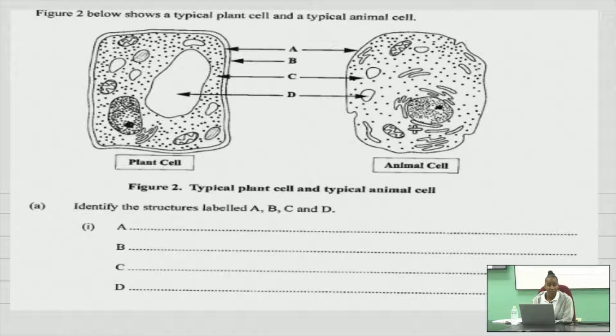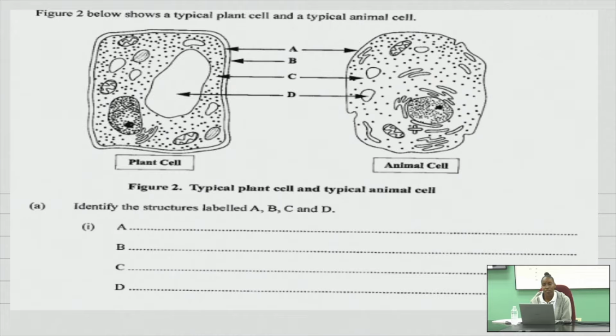So the next question says, state the function of any three of the structures identified in A(i) above. So I'm going to go back to the image on screen, the plant and animal cells, and we're going to just state the function of all four of these structures.